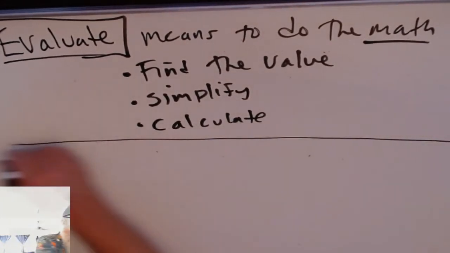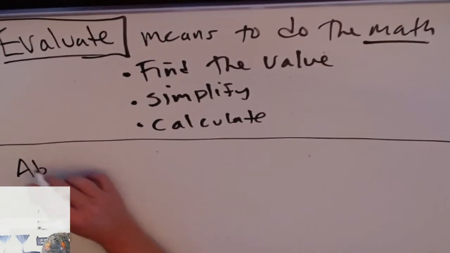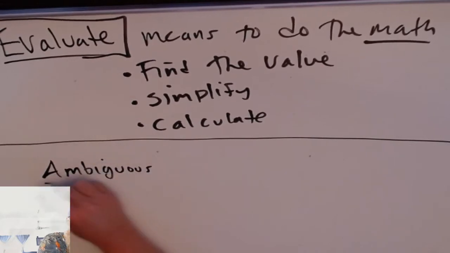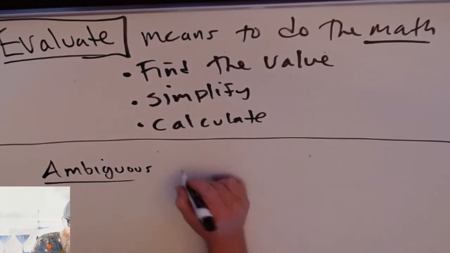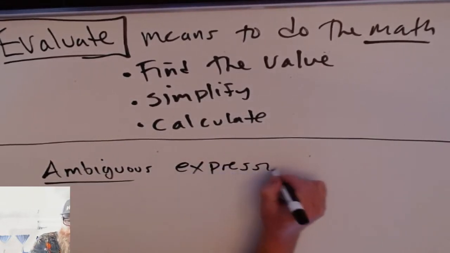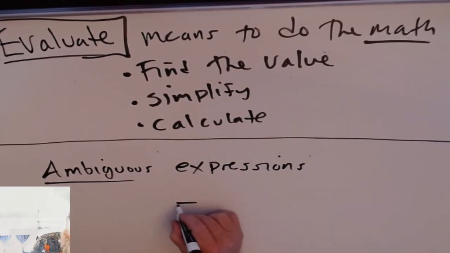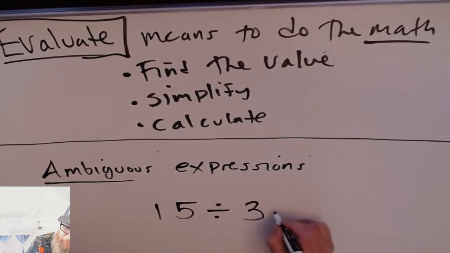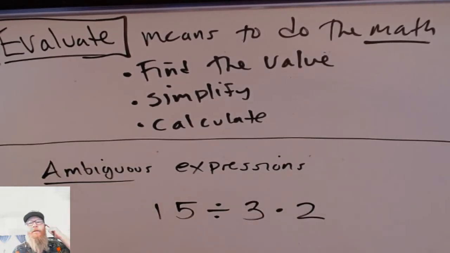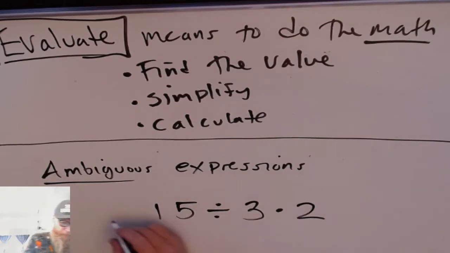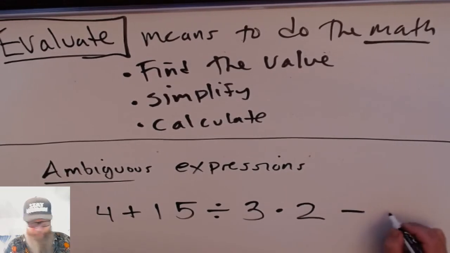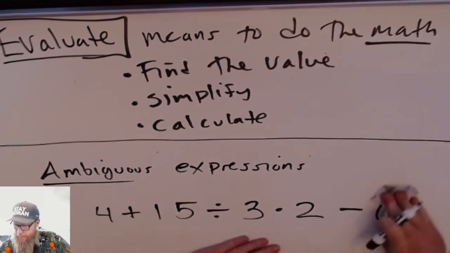Now, there is some ambiguity. It's supposed to be a 1.